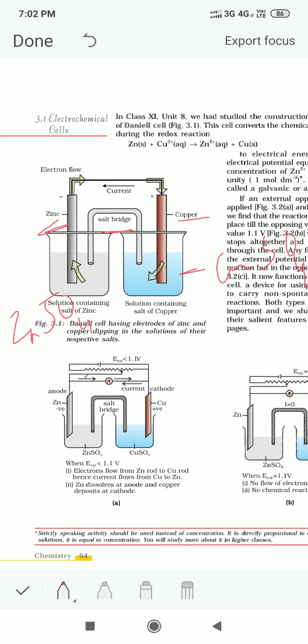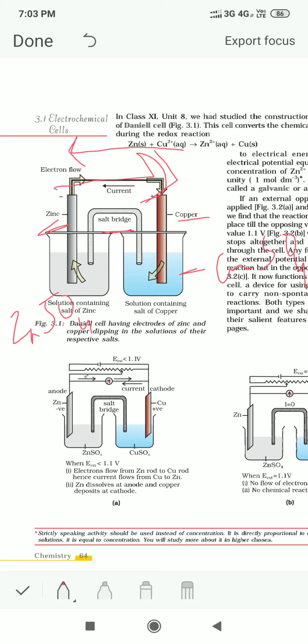Electron flow will be from the zinc rod to the copper rod, but electricity will flow in the opposite direction, because by convention the electricity, that is the current, flows opposite to the flow of electrons. So these are the 5 observations which you will see in a Daniell cell if the circuit is complete.